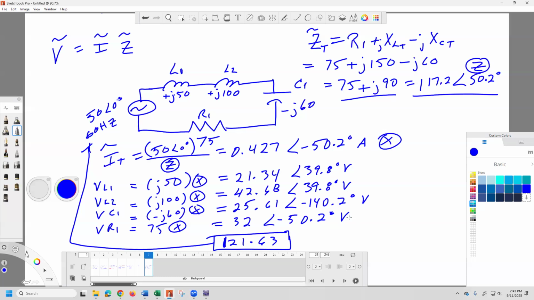Minus 140 is, there's 90, it's about over here somewhere. I have to take into account these angles when you add. So there is a way to do that by hand, and here's what it is.